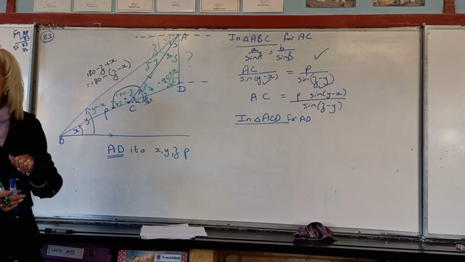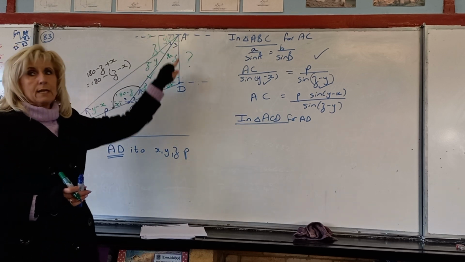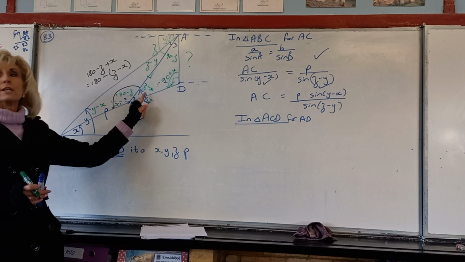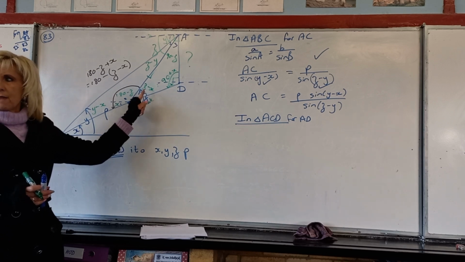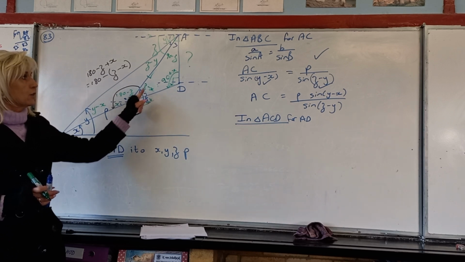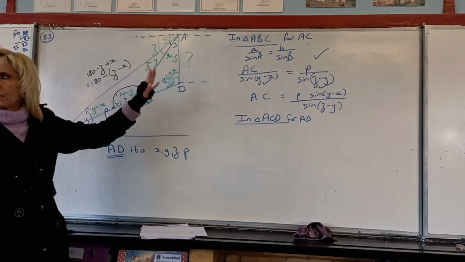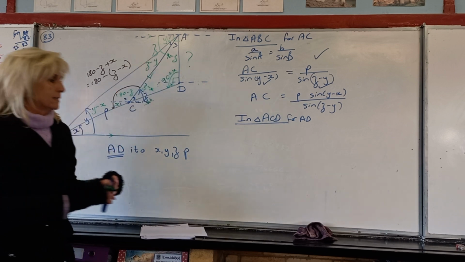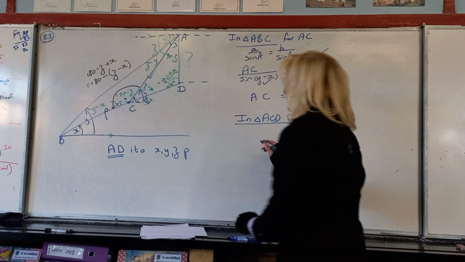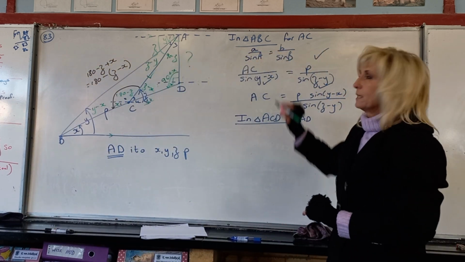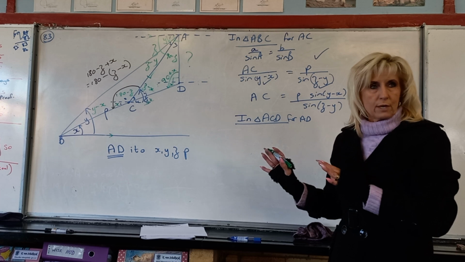The side that you're looking for is AD, which is going to be on top of this angle that you found out was Z minus X. So we're not going to use the 90 minus Z. But we've got it if we needed it. Alright, so the sin rule again, and I'm not going to write it down because I've already written it down. If I've done it once, you don't have to write it again.